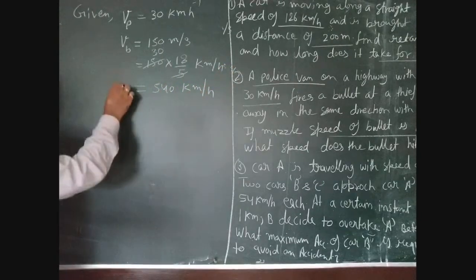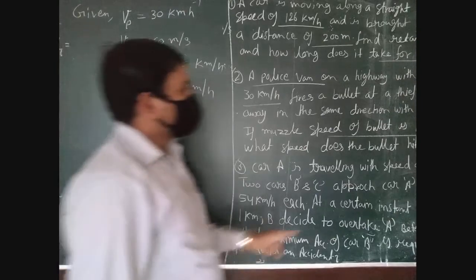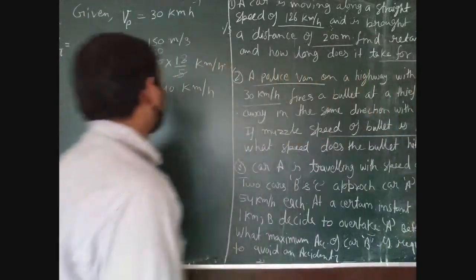Okay, this is the speed of bullet. Now, the effective speed of bullet, first, and speed of thief's car, it is 192 kilometer per hour.